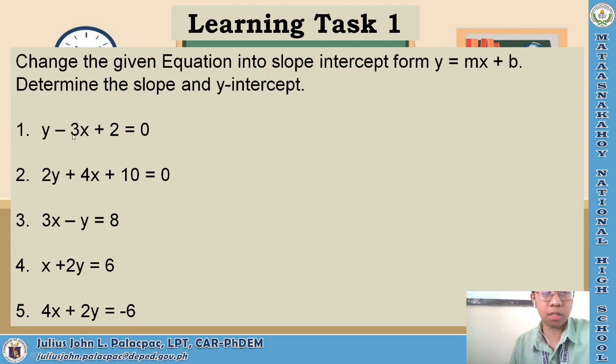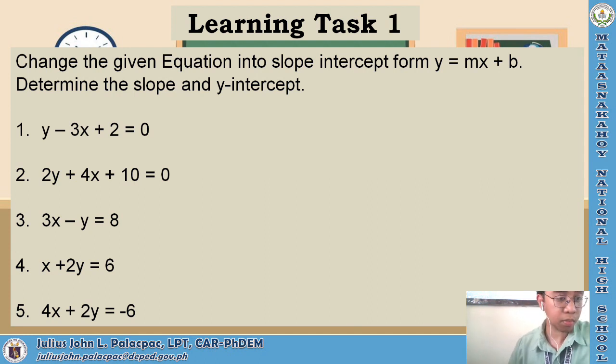So bring down y equals negative 3x plus 3x plus 2 minus 2. We can eliminate these numbers on the left side, and then it equals positive 3x minus 2. So the slope is positive 3 and the y-intercept is negative 2.